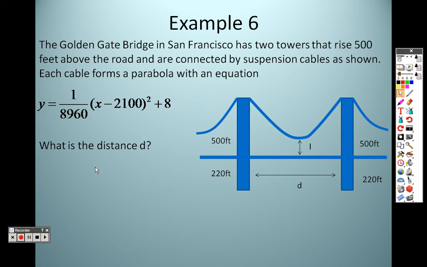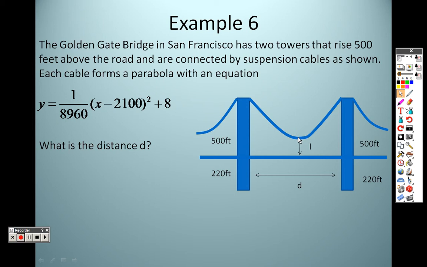So what it's saying is, what is D? Well, basically what we're saying here is we know the height is 500, and we know how far over it goes, but the point I'm getting at is the lowest point right here. We can find that lowest point because we know what the vertex is.